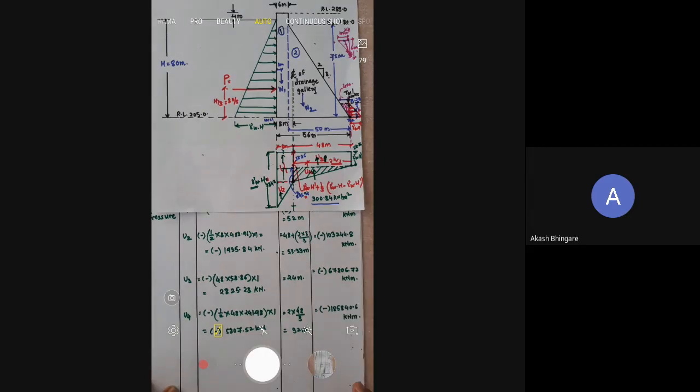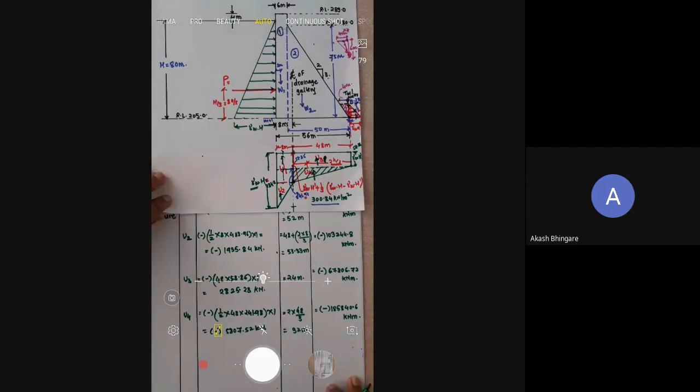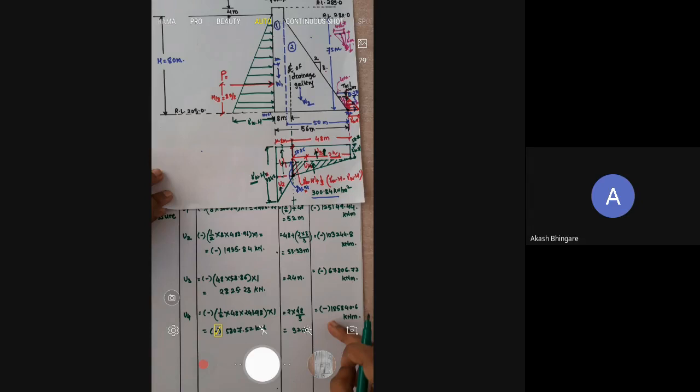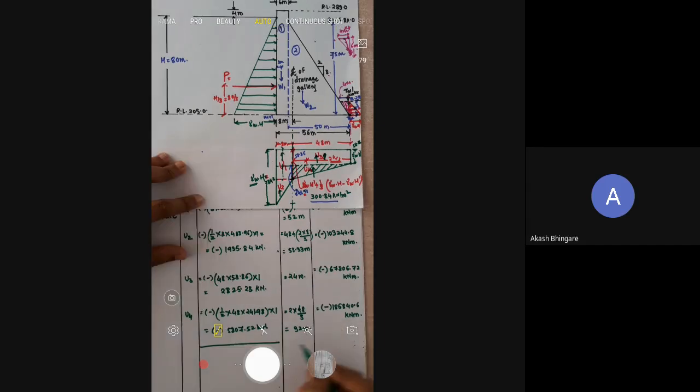Now all of these are acting vertically upward, having sign negative. Accordingly, moments that have been created in clockwise direction.